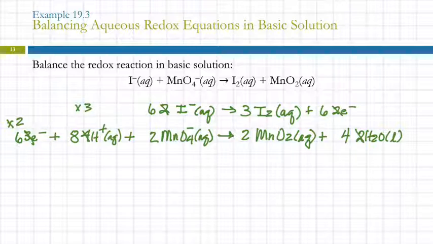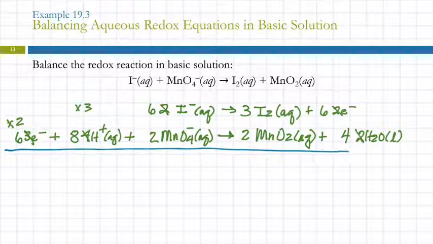In the past, I've taken care of the hydrogen ions before I add them together, but I just realized it would be easier to do that at the very end, so that's what we're going to do. So we're just going to continue on as if this were in acidic solution. So I've got 6 electrons and 6 electrons. Those are always going to cross out because we set it up that way. So now I'm going to write down what I've got left here.